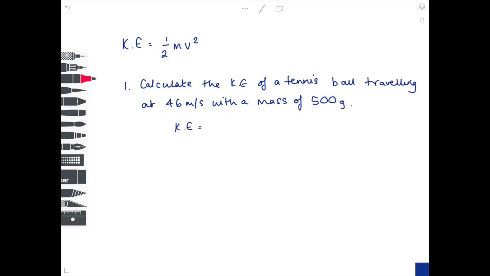So as always, write out our equation, which is KE is half mv squared. Be careful with your units because 500 grams isn't in kilograms, so I'm going to put that into kilograms. So remember, 500 grams is 0.5 kilograms. So start substituting in your values. So it's half times 0.5 times 46 squared.